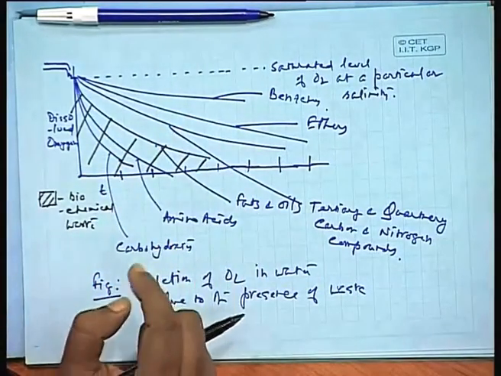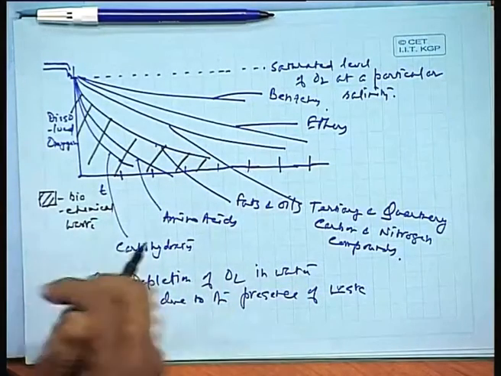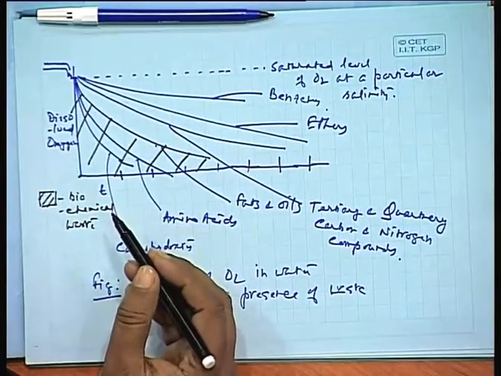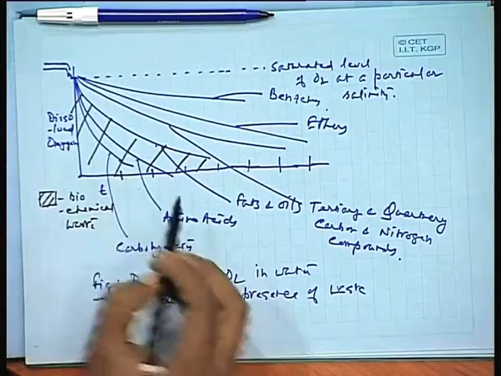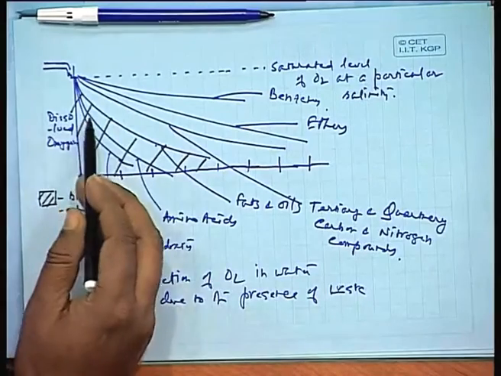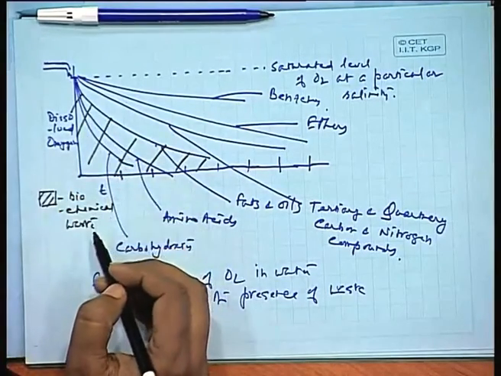Now remember one thing: in most of pollution engineering or wastewater engineering that we generally discuss, we mostly discuss this region only. This is the hashed portion that we generally discuss.